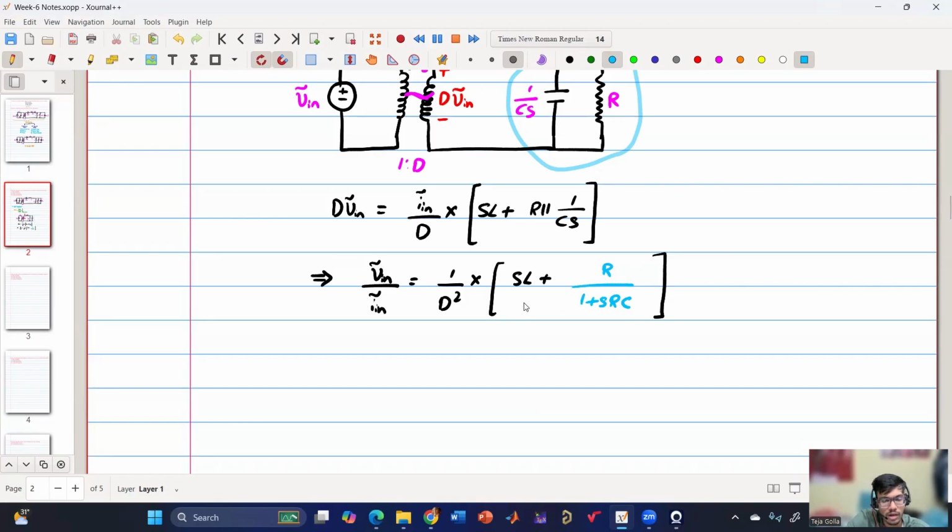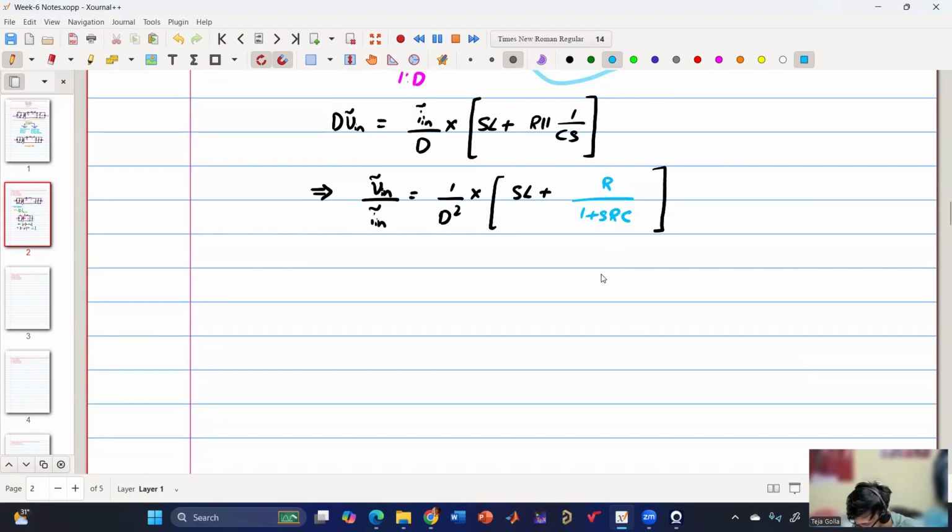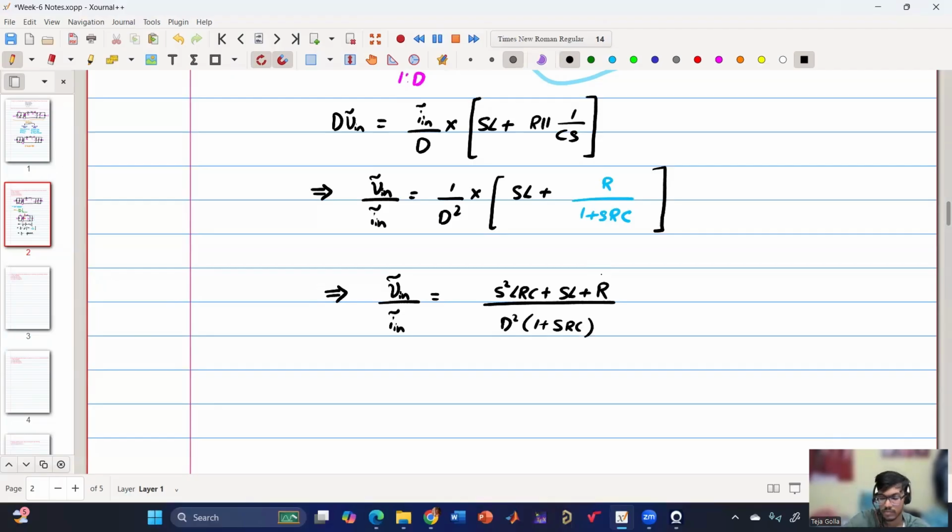Now, if we multiply and simplify, I can get V in tilde by I in tilde equal to, in the numerator, S square LRC plus SL plus R, by D square into 1 plus SRC. Clear?